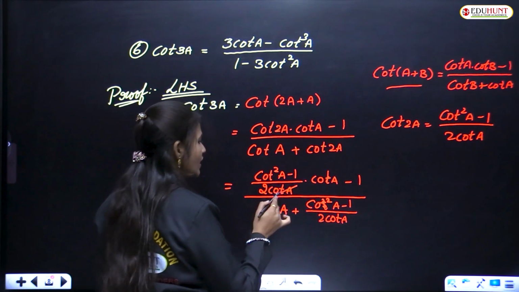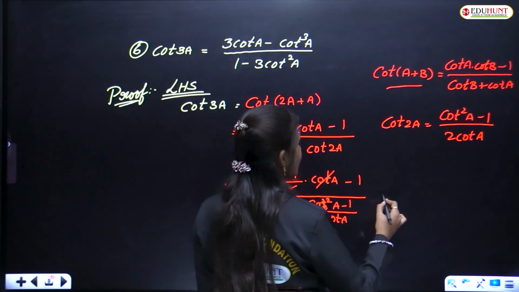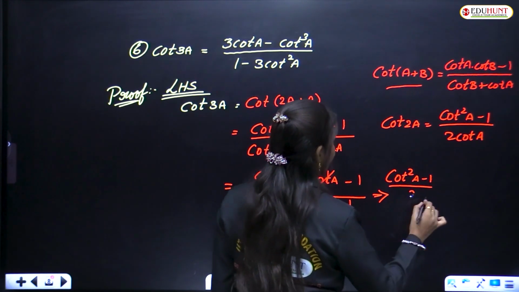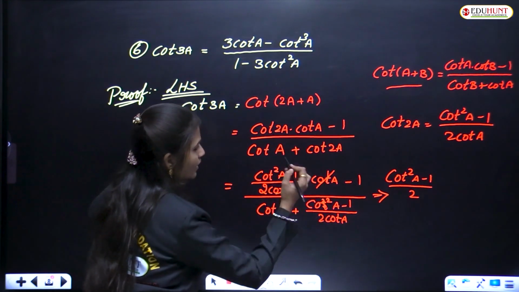Here cot A and cot A get cancelled. So we are getting cot square A minus 1 by 2. Why? Because cot A and cot A get cancelled, no?